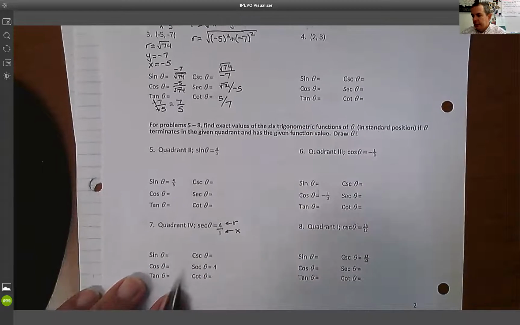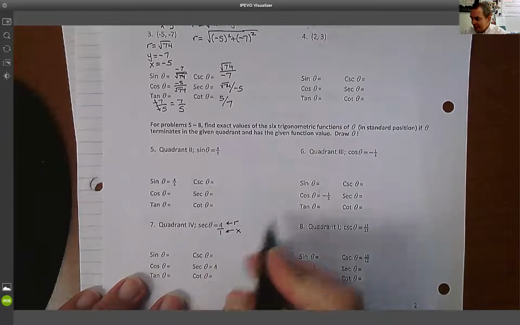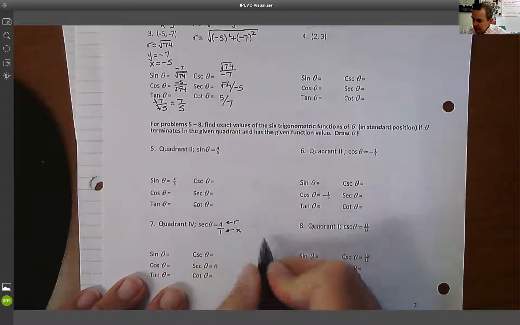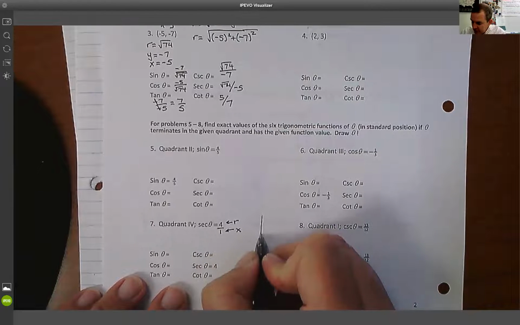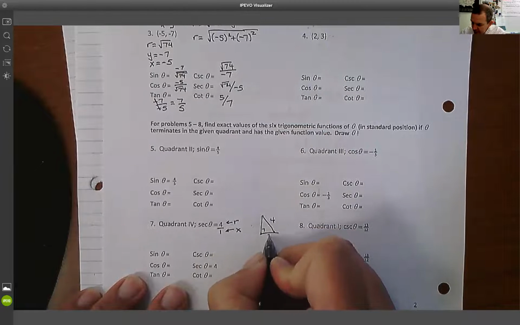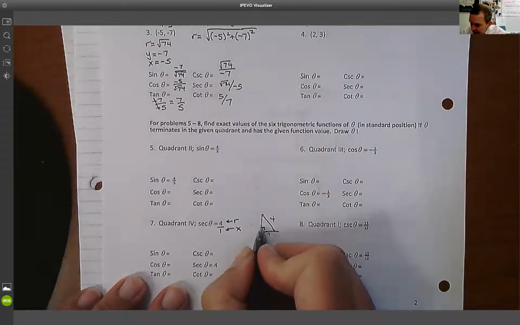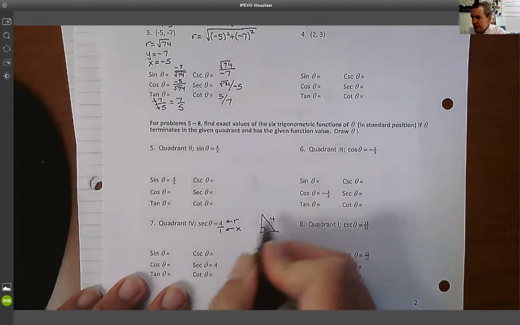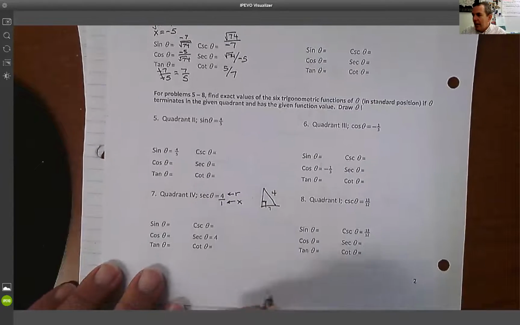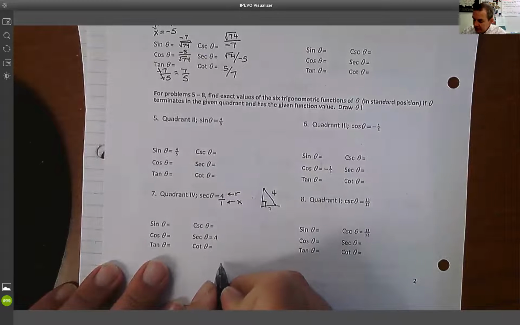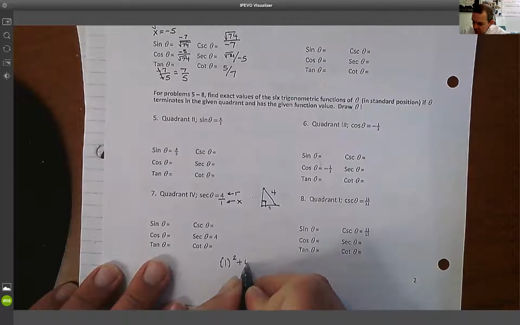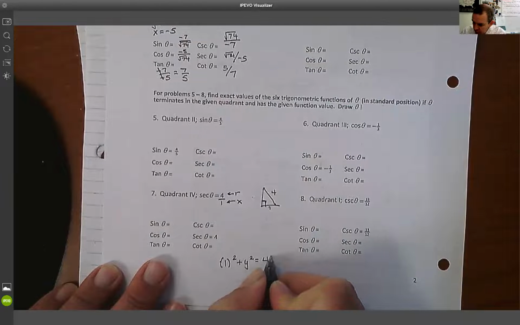Now, the important part is that I have this, I can actually solve for Y, because I know that this is a triangle. Realistically, this is a triangle in its simplest form. It's going to have a hypotenuse of 4 and a side of 1. So I can use the Pythagorean theorem kind of backwards to figure out my Y. X is 1, so 1 squared plus Y squared equals 4 squared.